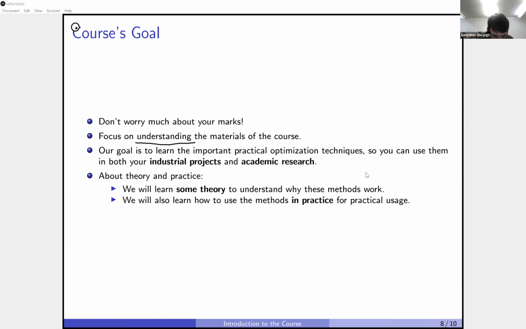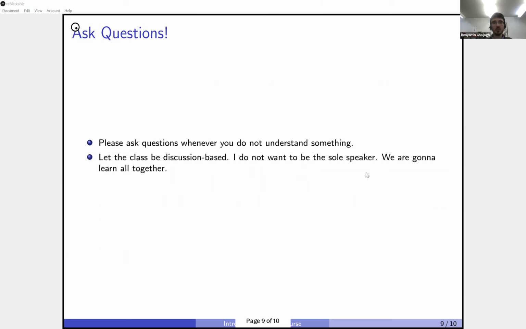About the theory and practice, we'll learn some theory to understand why these methods work, and we'll also learn how to use them in practice. So we'll cover both, and it will be useful for both interests in practice and theory. And again, ask questions whenever you don't understand. I don't want to be the sole speaker.